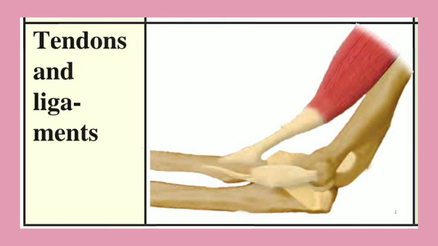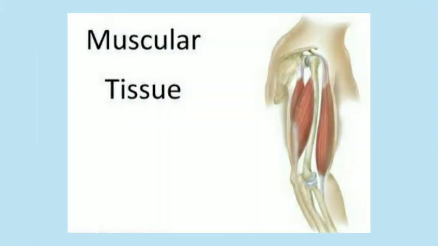So children, these are the different types of connective tissues. Have you understood this, children? Good. The next type of tissue is muscular tissue. Now movement happens in a body by the help of muscular tissues.